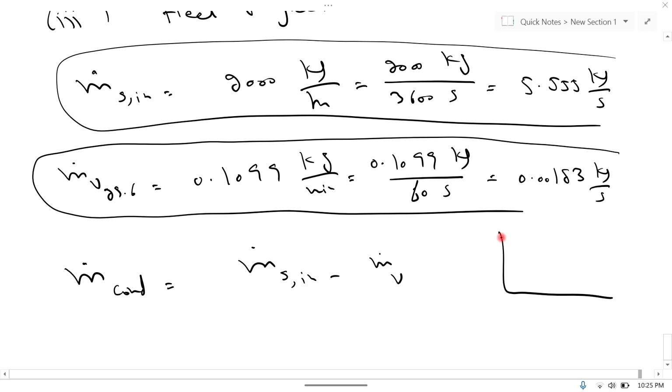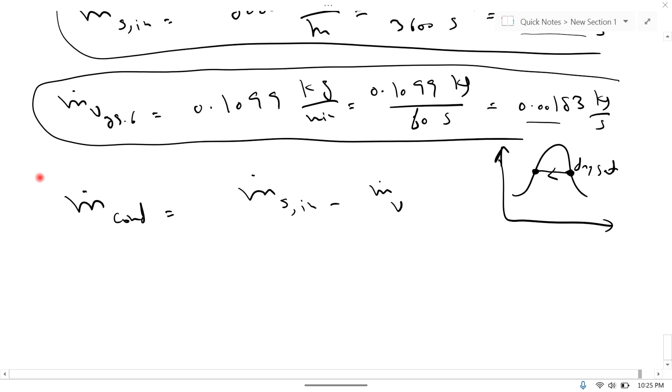It means that condensate means that from this point, here steam is dry saturated, and here this is liquid. So from this point to this point, here mass flow rate is 5.55, and at 29 here the mass flow rate is 0.00183. So condensate is from this point to this point.